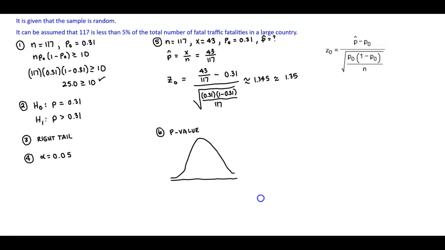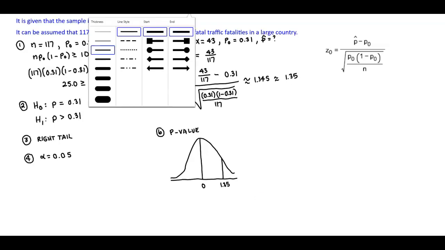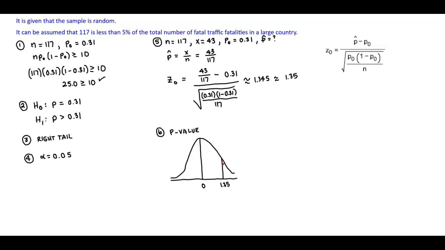We know that the mean is going to be 0, and again, it's a right tail, so we want to find everything to the right of this value, which is 1.35. So what we're looking for is this area here. So this is the p-value that we're looking for.